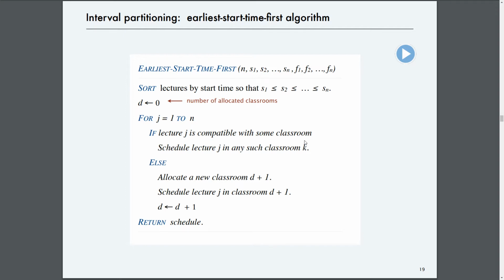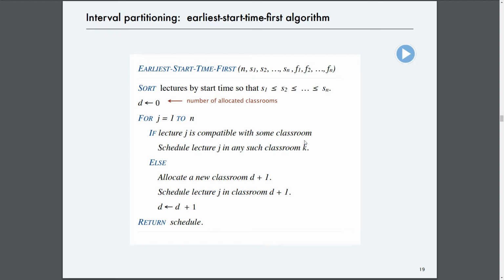Okay, so let's go with earliest start time first. First we sort them, and then we have to keep track of the number of allocated classrooms. And then we want to iterate through all the lectures, and we have to be able to check if our current lecture is compatible with some classroom, just any.